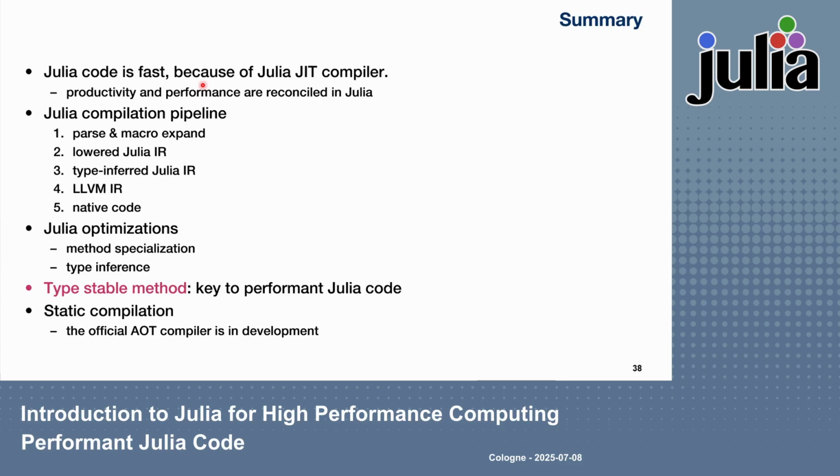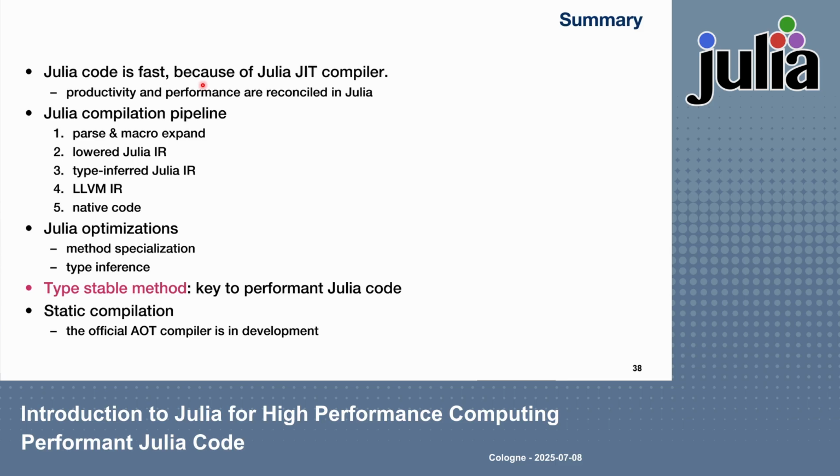And then for Julia optimization, there is so-called method specialization. It depends on which type of variable you are passing into the function: integer, double precision, or complex number, I don't know. And type inference is the key. You must make sure that the type-stable method is generated, right? This is in red.